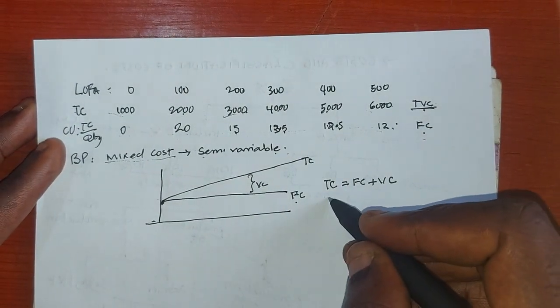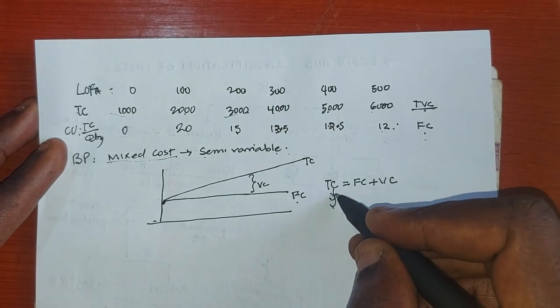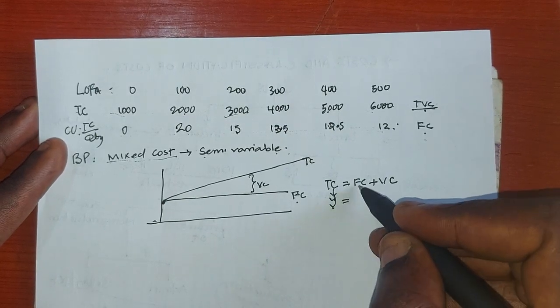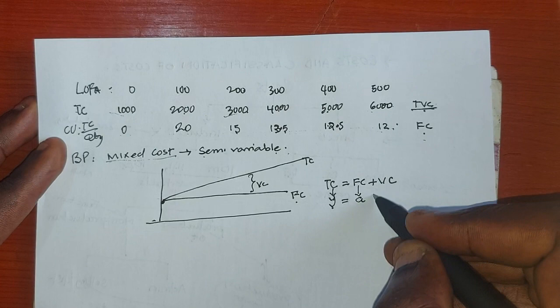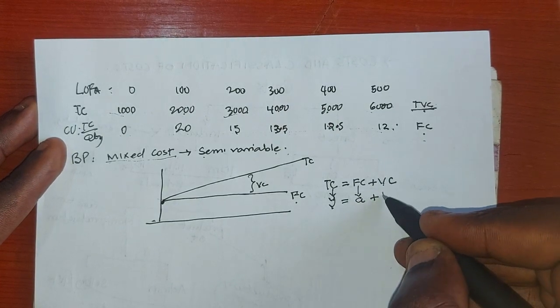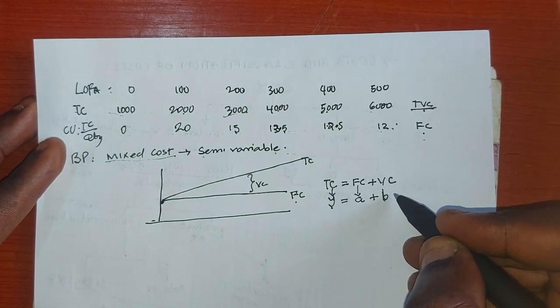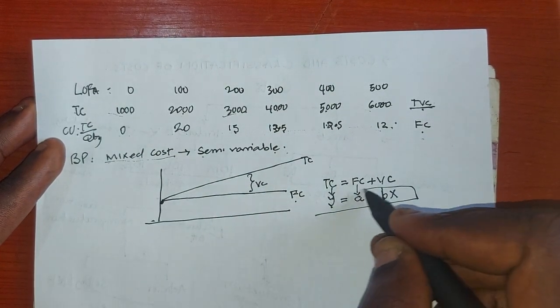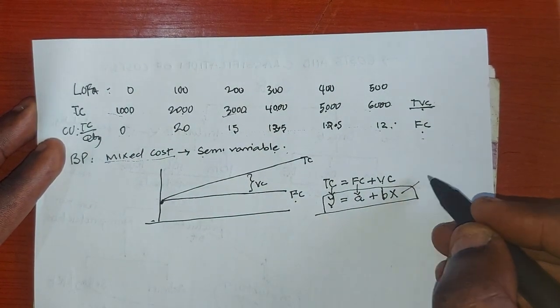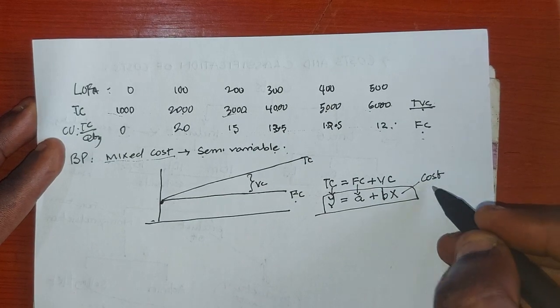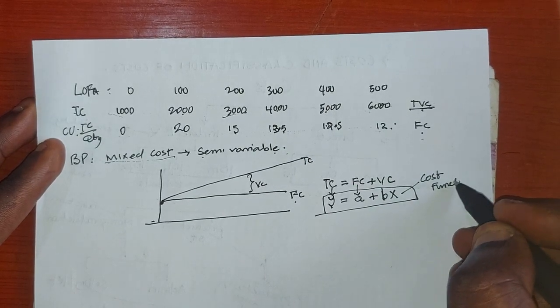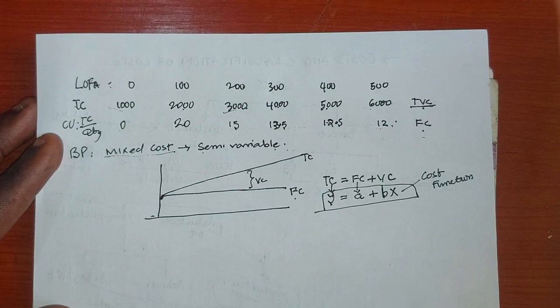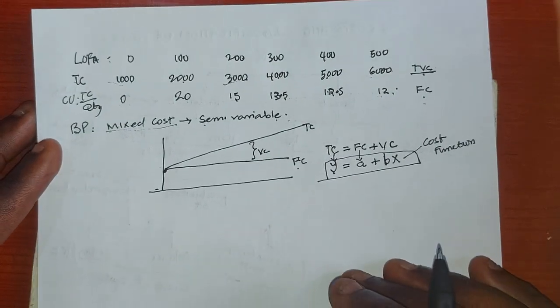In business, we use Y for total cost, A for fixed cost, B for variable cost per unit, and X for level of activity. So Y = A + BX. This is known as the cost function.